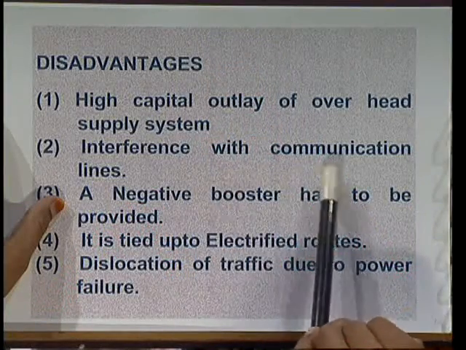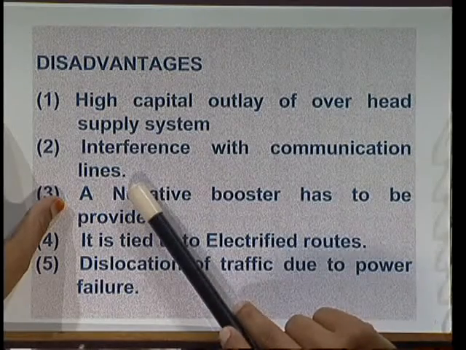The next disadvantage is the interference with communication lines. The communication lines which run parallel with the power lines set up for the locomotive cause interference, what we call radio interference, and hence in order to avoid this, the communication lines must either be removed from the track or special expensive cables are to be set up for the purpose.